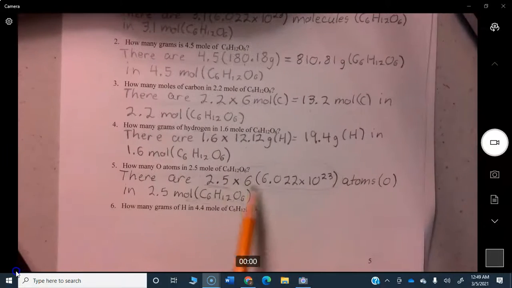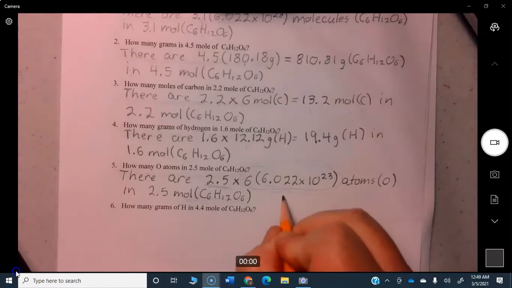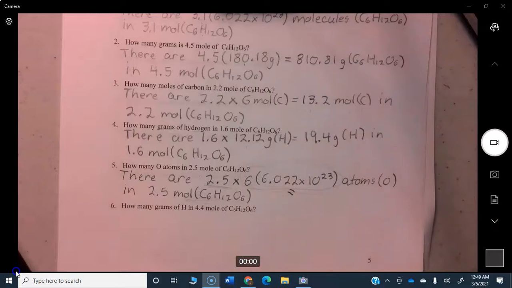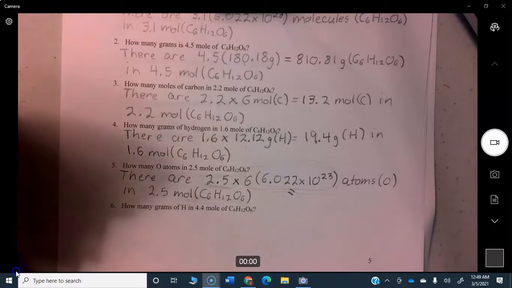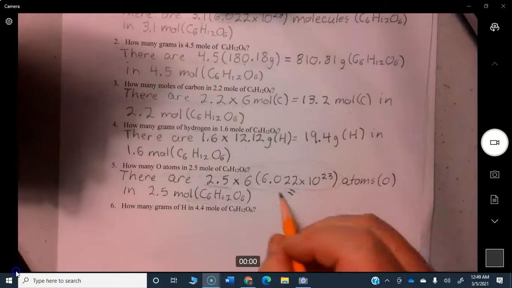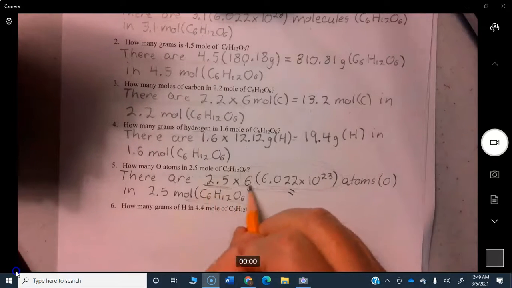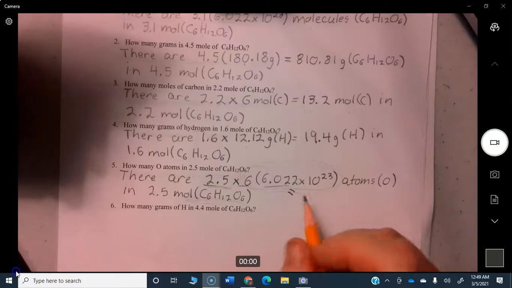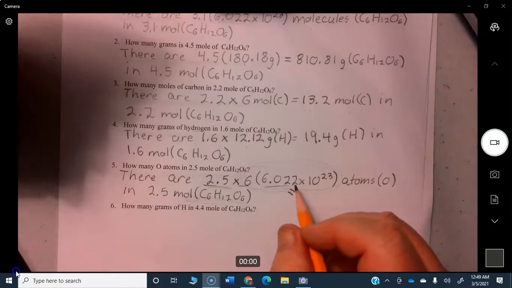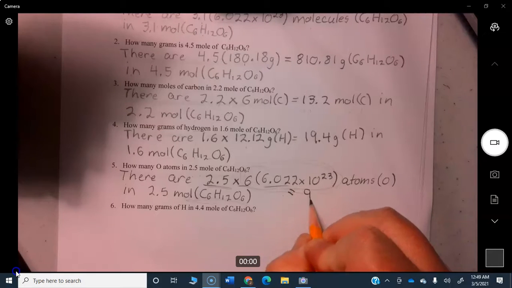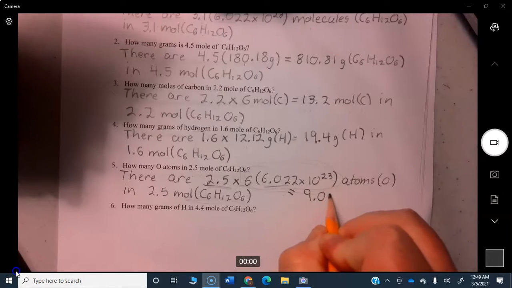All right, so this whole calculation, let me go ahead and give you that number. So we're going to go ahead and do 2.5, I didn't do this in the past problems, times 6 times 6.022 equals 90.33. So these coefficients multiply to be 90.33. I'm going to make that number smaller and make it 9.03.